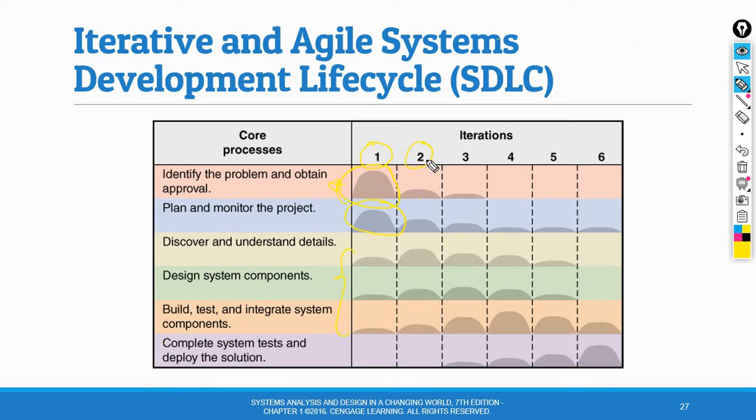For iteration 2, there is less effort for identifying and planning the project, and more effort in the discovery, design, and build and test. In iteration 3, the build and test gets the most effort, but all 6 core processes are still involved, including the beginnings of completing and deploying the system.